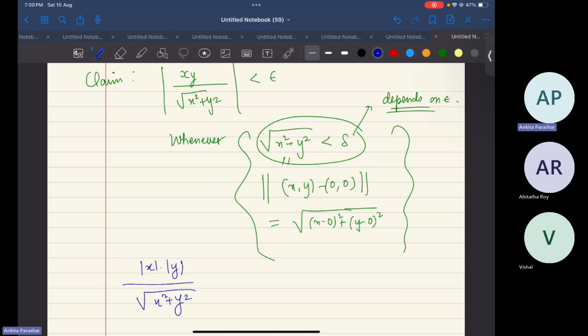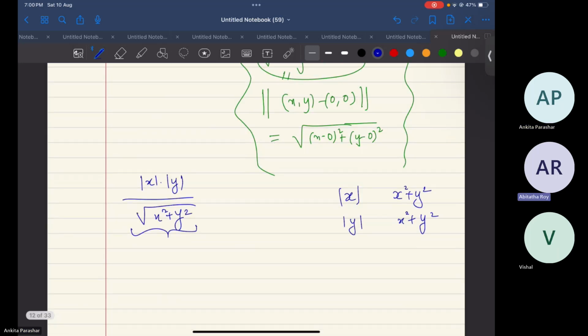There is one quantity which is similar to what I have in the delta condition. How to relate this: x and x square plus y square. Can you make an inequality between this term and this term? Which one is more?